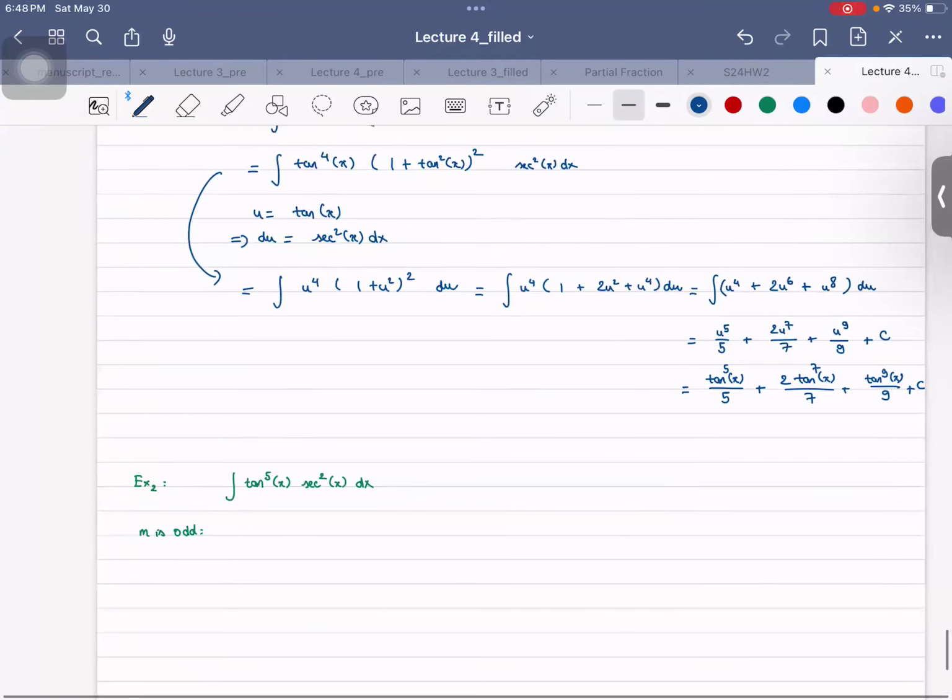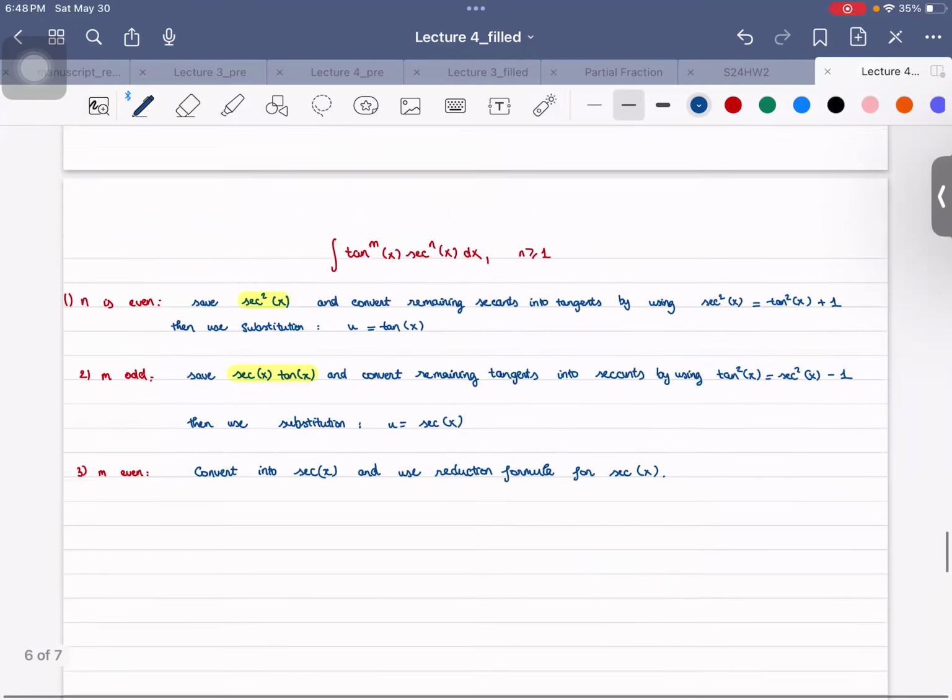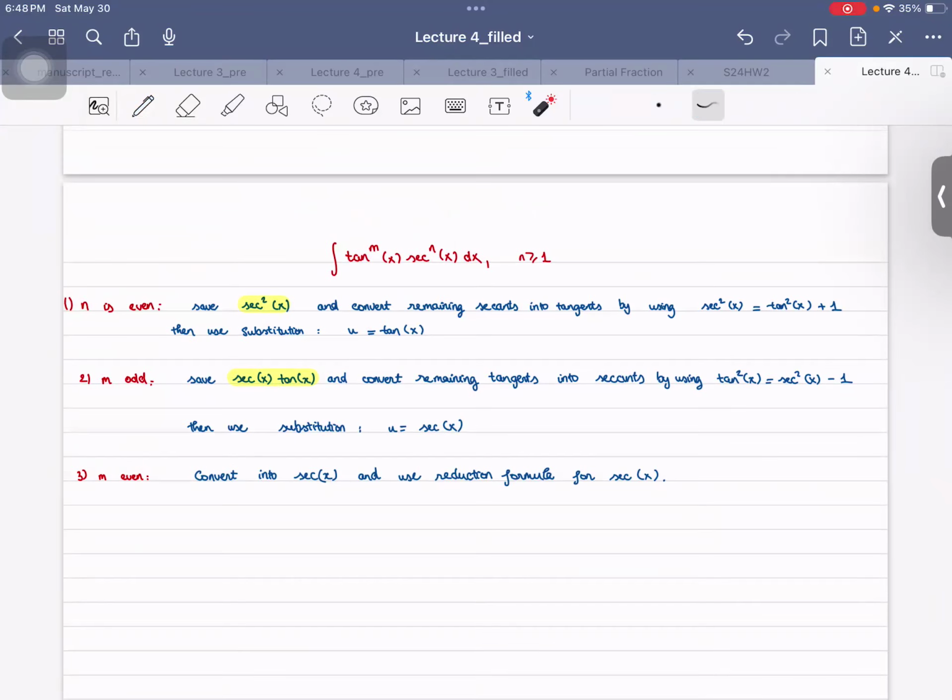Okay, so this is the first case that might happen when you have an integral that contains tangent and secant. In this scenario, if the power of secant is even, then you're going to use this one.